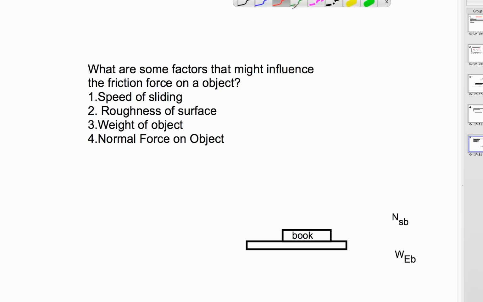So, without any evidence, but just as a matter of fact, the speed of sliding doesn't significantly influence the friction force. But the roughness of the surface seems natural for it to, and so does the weight. And we'll do a lab where we'll actually investigate those things, and so does the normal force.